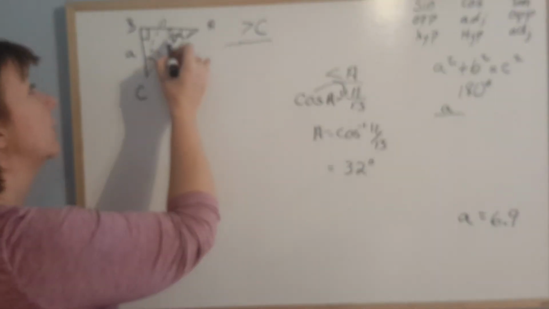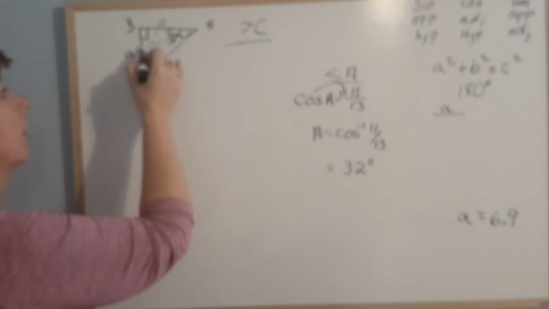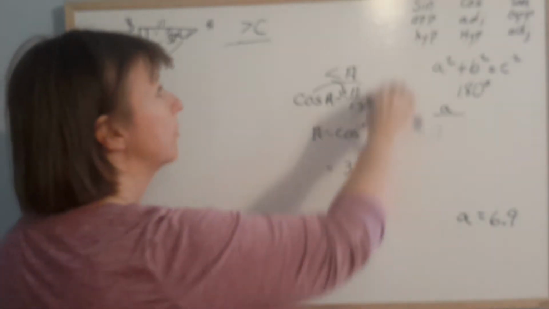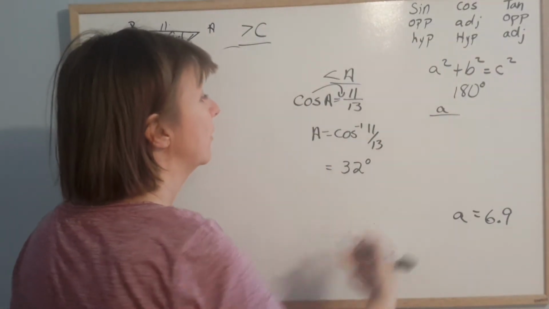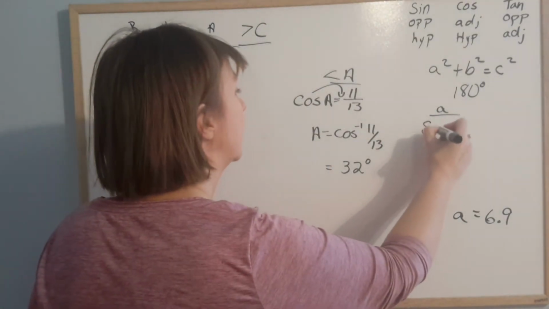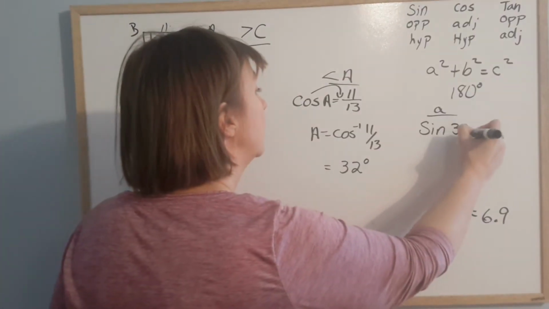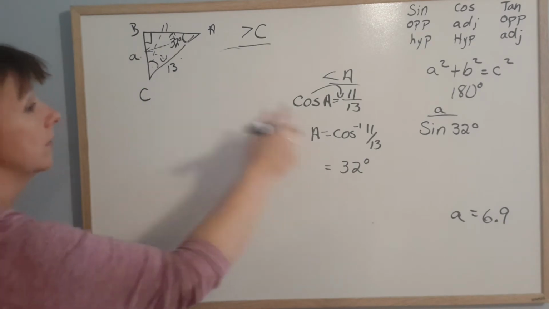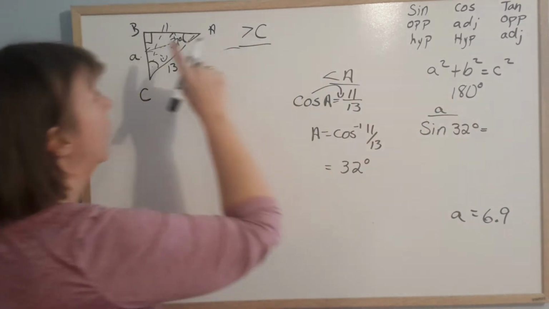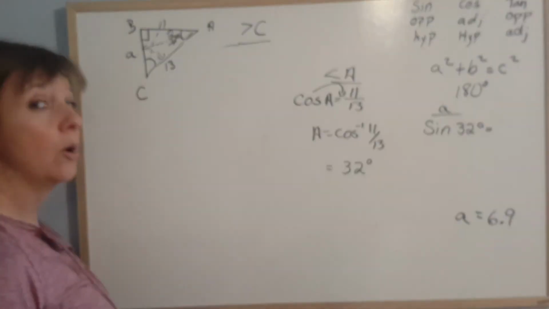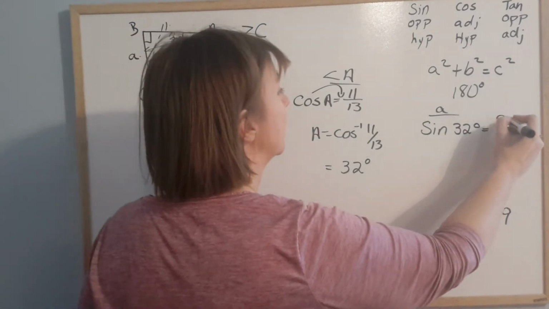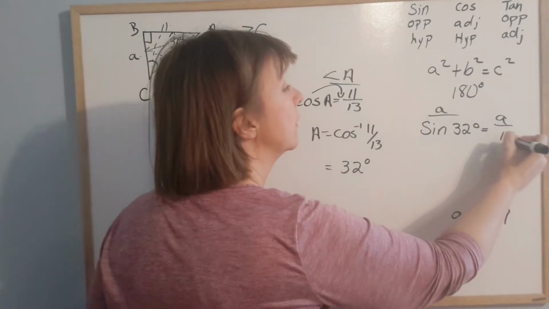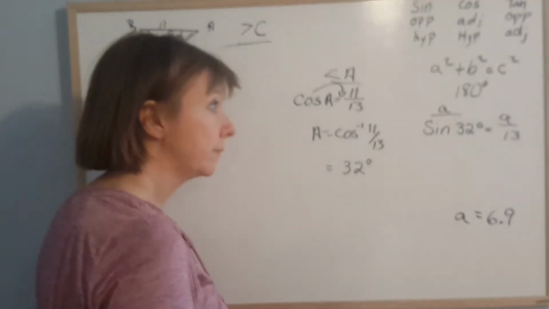If I start at angle A and I go straight across, I get to there, and I know my hypotenuse. So opposite and hypotenuse would be sine. So I could say that sine, using 32 degrees as my reference angle, equals the opposite side, and I don't know that one yet, that's what I'm trying to figure out, that's A, over the hypotenuse side, which is 13.